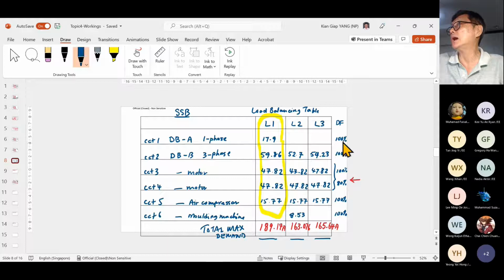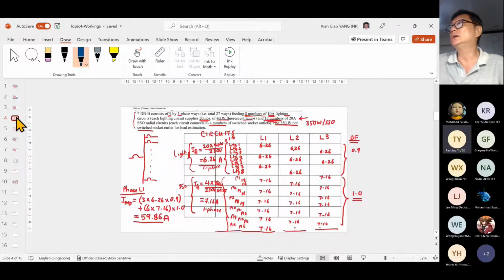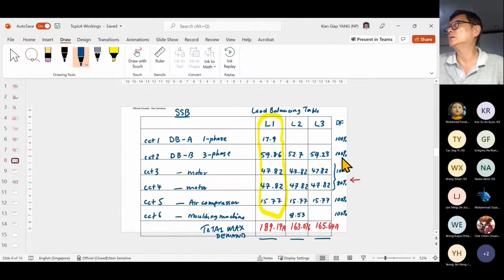So from here, I don't apply another diversity factor. That's why I use 100%. By DBB, I also use 100% because in our earlier calculation, the individual diversity factor was already applied here. So at this level, I cannot double apply. Otherwise, it's going to be double counting.